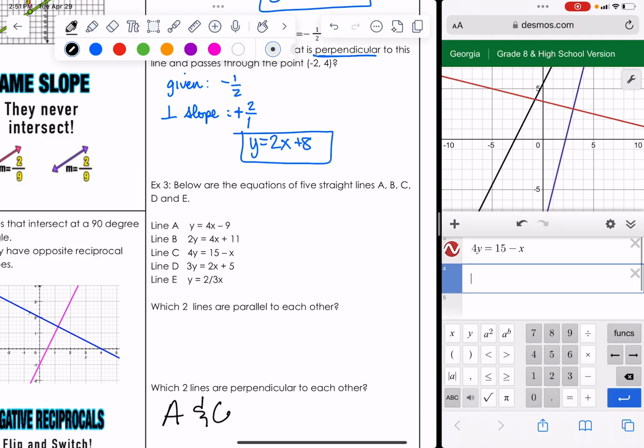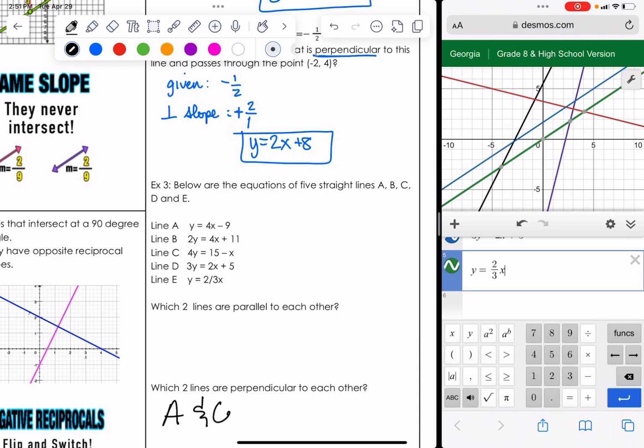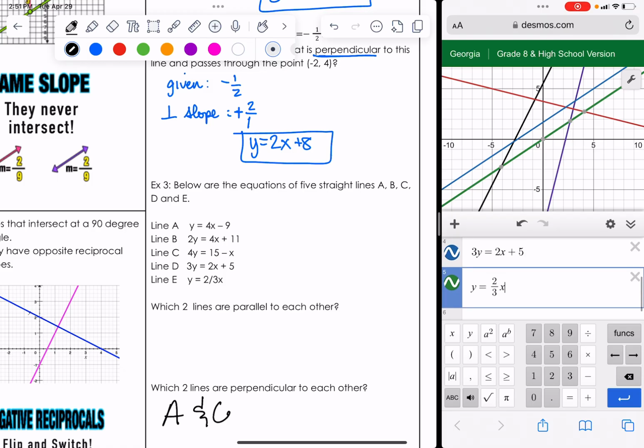So let's go to our next one. We have 3y equals 2x plus 5, still nothing parallel. And then y equals 2/3 x. Oh, it looks like the blue and the green are parallel, so that's going to be D and E. So we can just use Desmos to find those parallel and perpendicular lines.